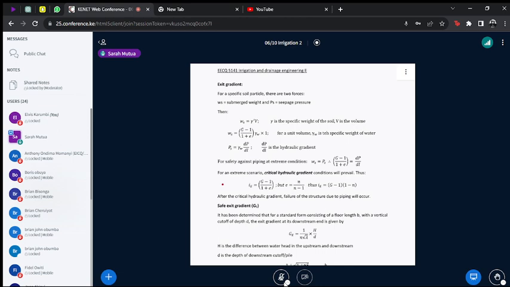Already we can see that when we are designing a barrage or a weir, we also have to do some ground investigation, some geotechnical investigation, to determine the characteristics of the soil. What is the specific gravity?